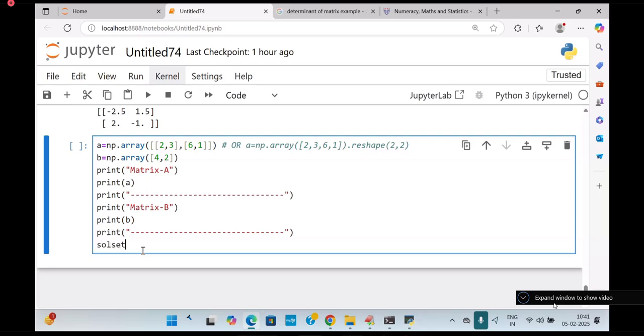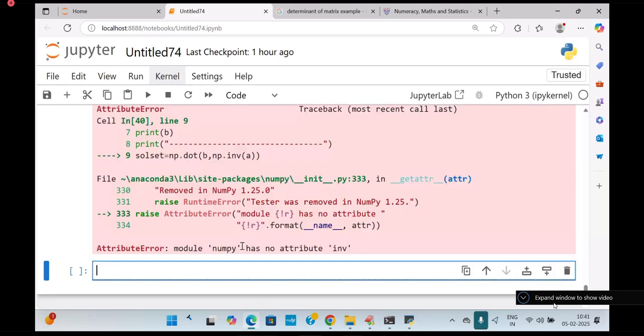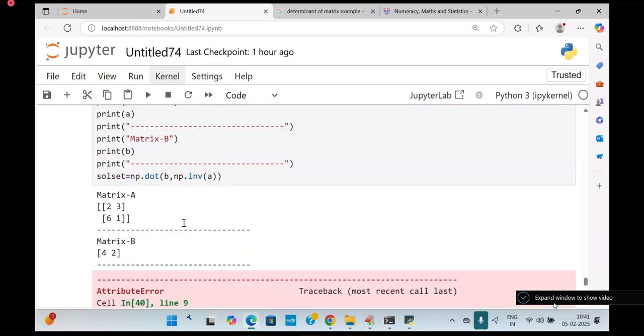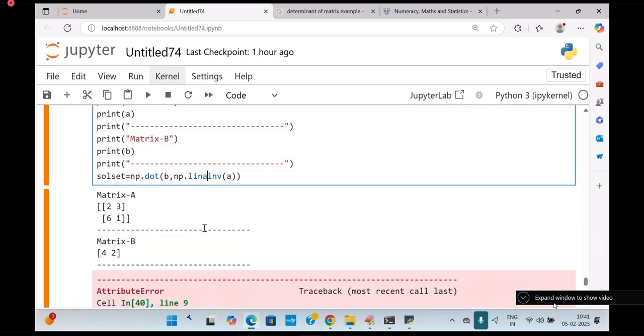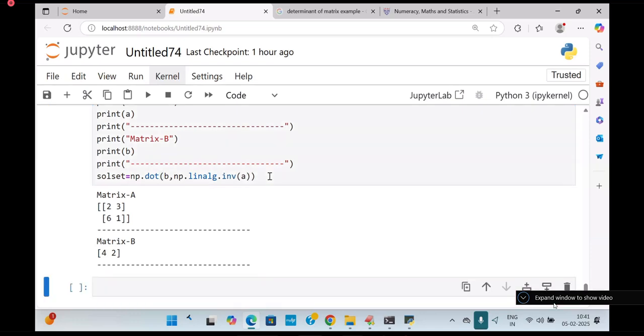Solution set is equal to np.dot of B comma inverse of A. Here I will print it, as no attribute. np.linalg.inv of A. Observe it, so you are going to get the solution set.